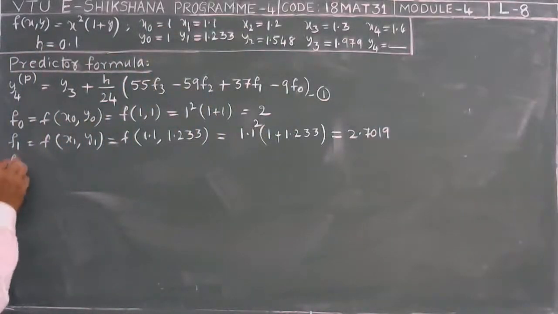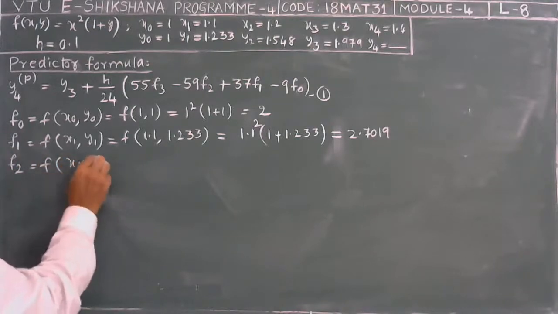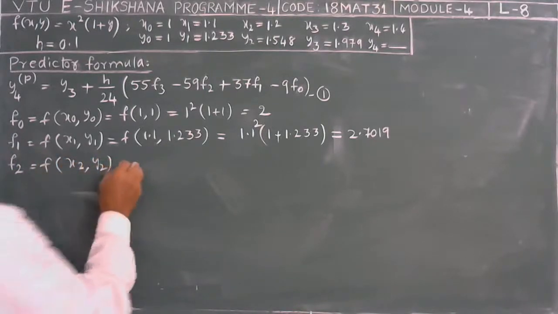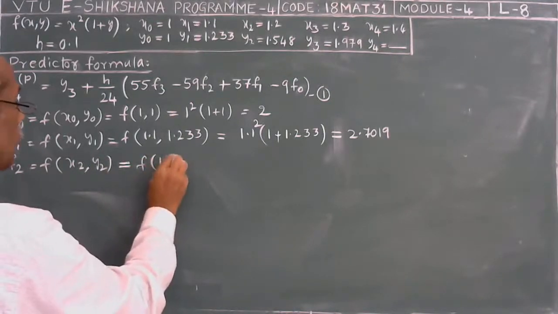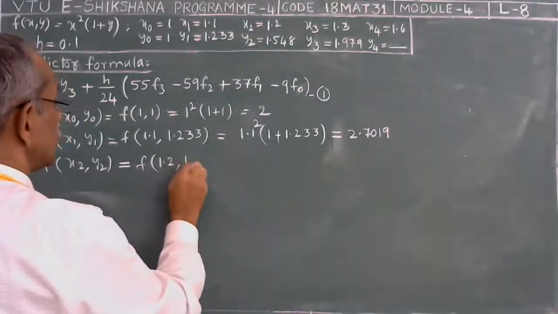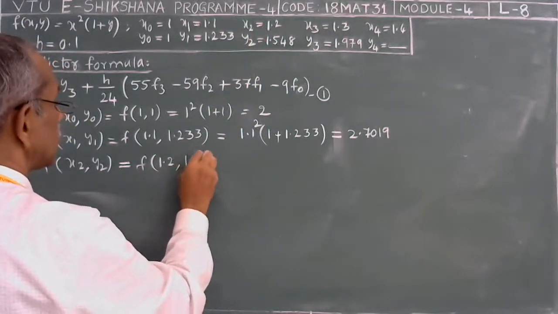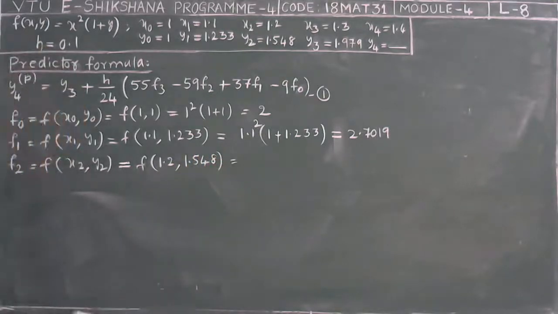Then f2 is f of x2 comma y2, that is f of 1.2 comma 1.548.